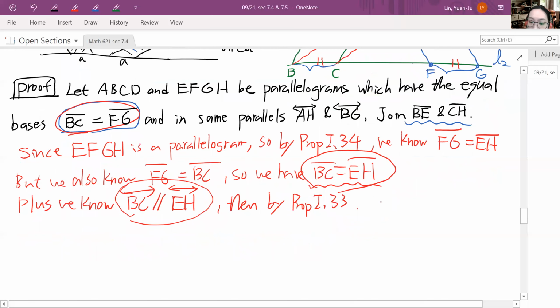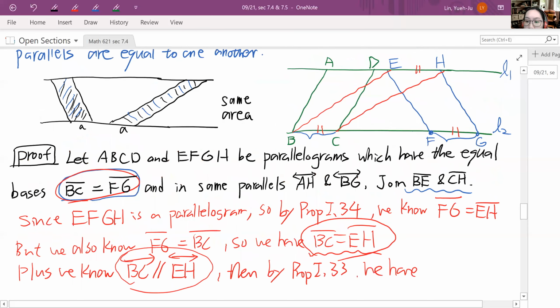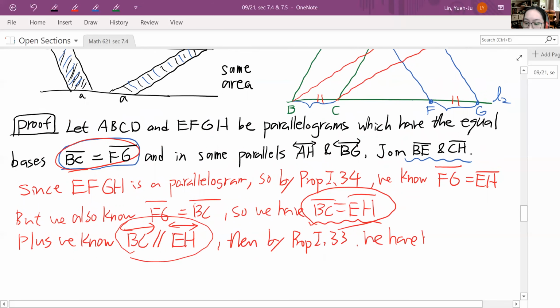By 1.33, we have the opposite sides, essentially BE and CH, equal and parallel.